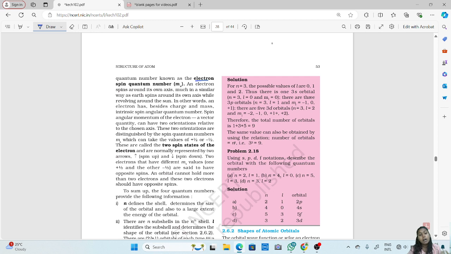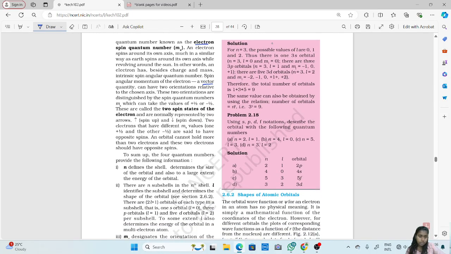The spin angular momentum of an electron is a vector quantity, and it can have two orientations relative to the chosen axis.